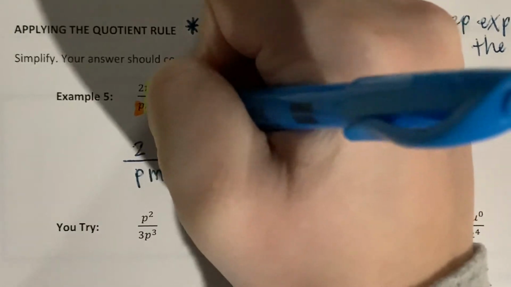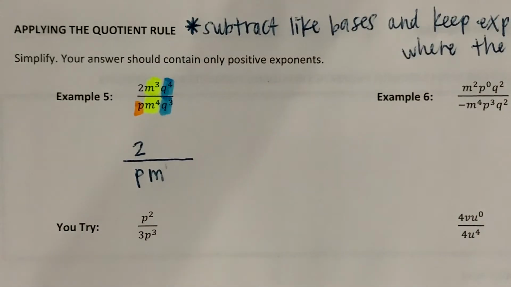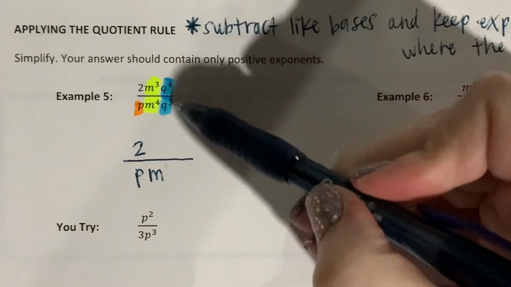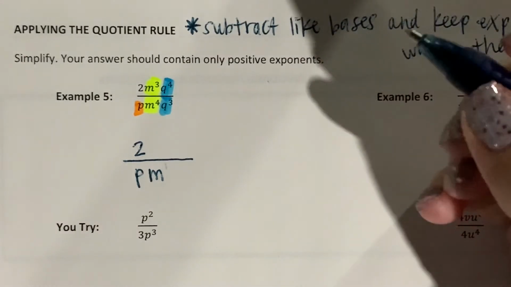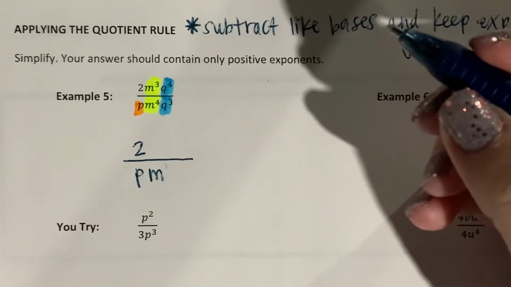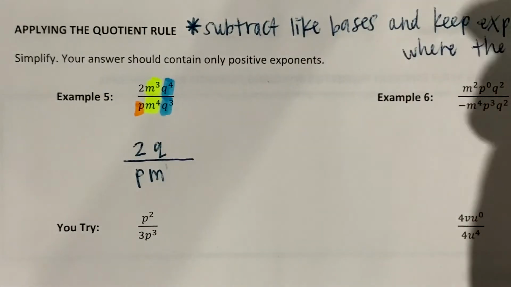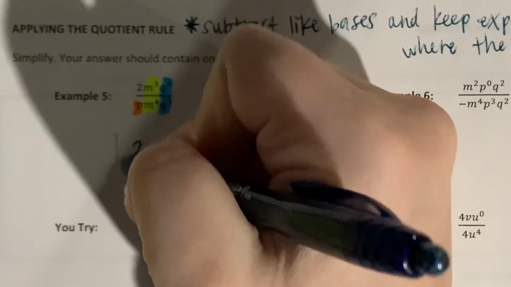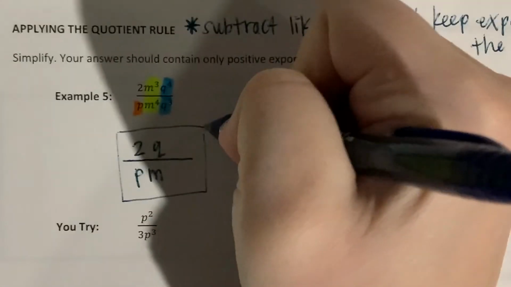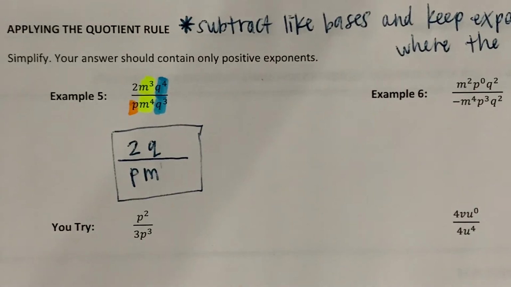I have q to the 4 in the top, q to the 3rd in the bottom. So I can subtract here. 4 minus 3 is 1. So I have q to the 1st power, and I have to keep it where the bigger exponent was, or in the top. I could write q to the 1, but I'm just, again, going to write q. So here would be my final answer. I've taken care of everything. I've taken care of each variable.